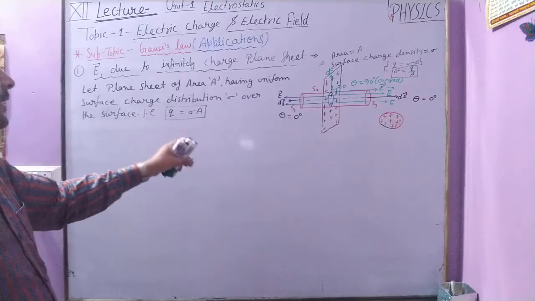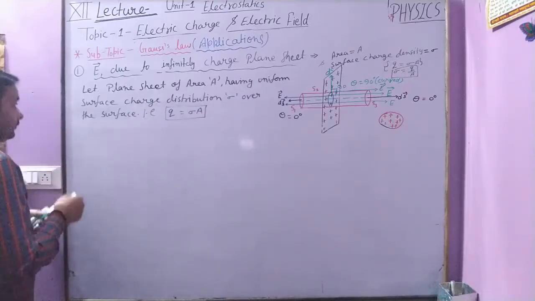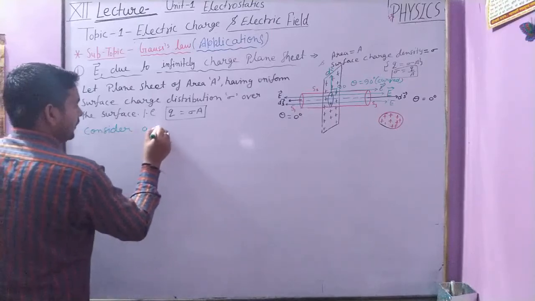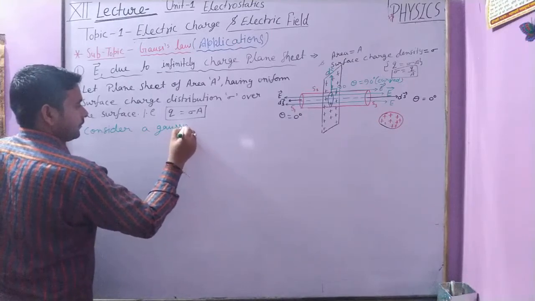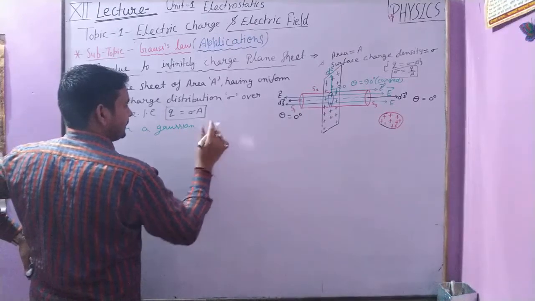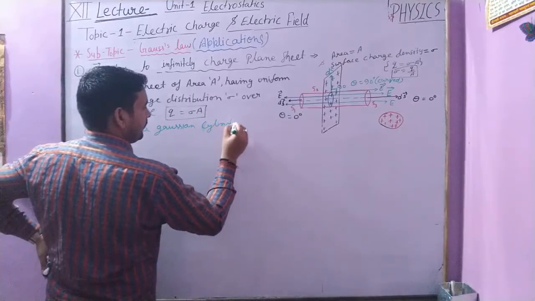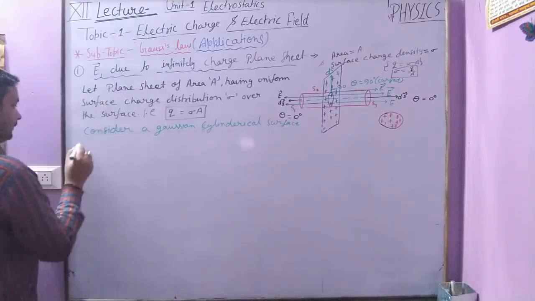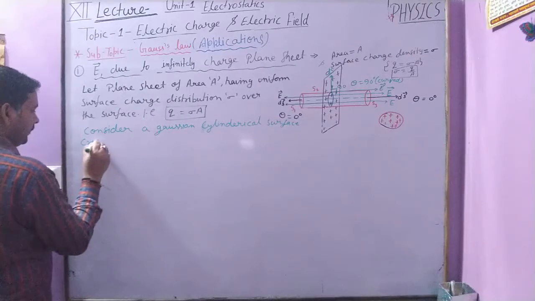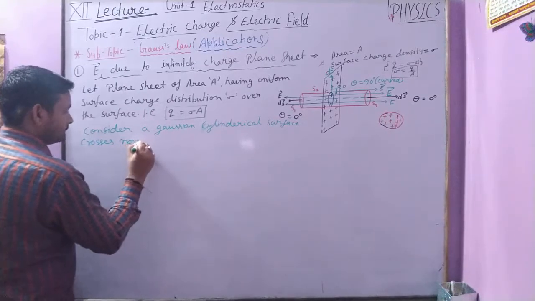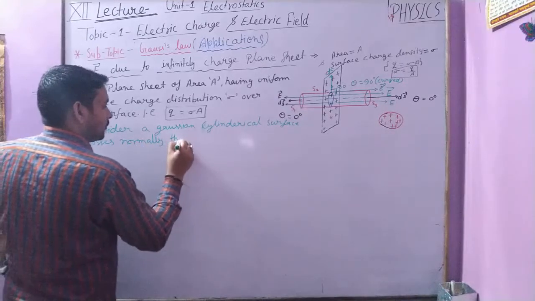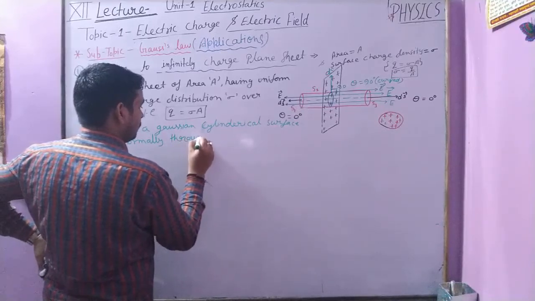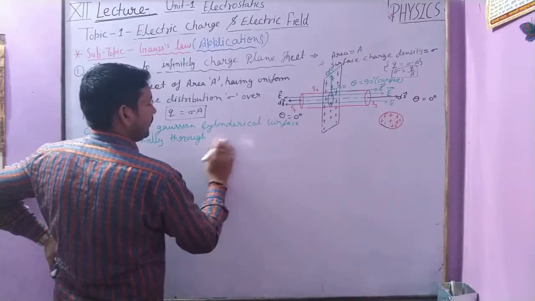Now you need to consider a Gaussian surface. Consider a Gaussian cylindrical surface that crosses normally through the plane sheet, through the charged sheet.